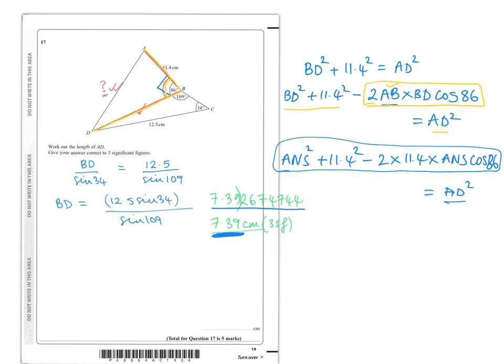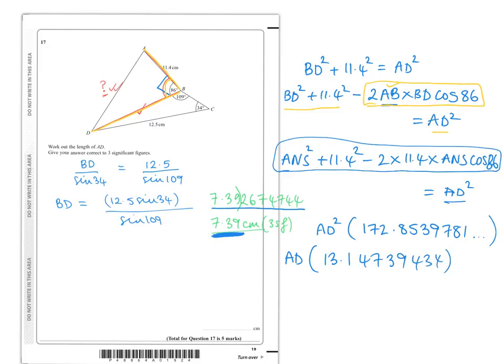And I get AD squared is 172.8539781, and now I'm going to square root, so AD would be 13.14739434, but it wants it to three significant figures, so we'd have 13.1 centimeters to 3 SF.